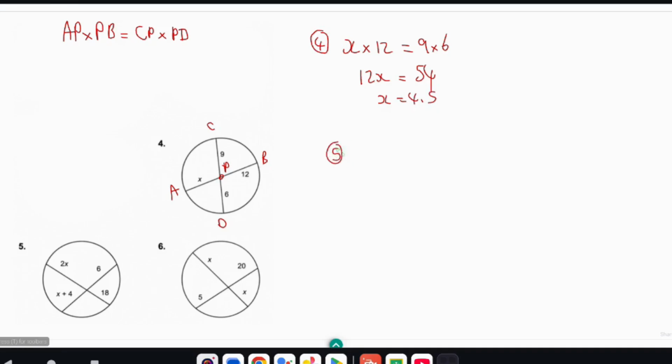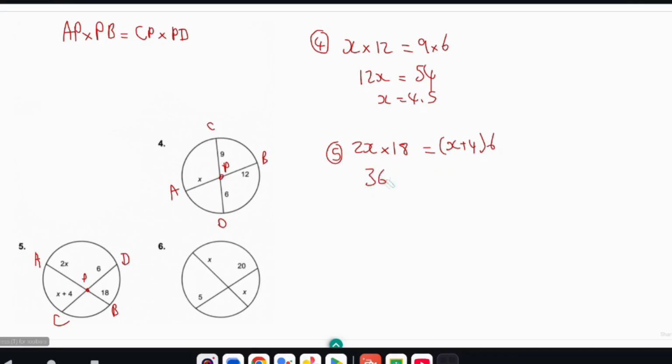Question 5. So 2x times 18 is equal to x plus 4 times by 6.